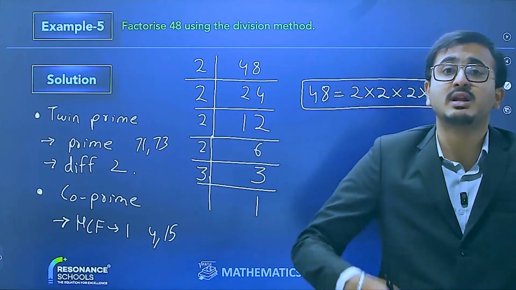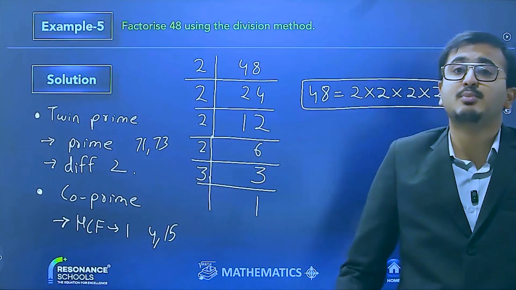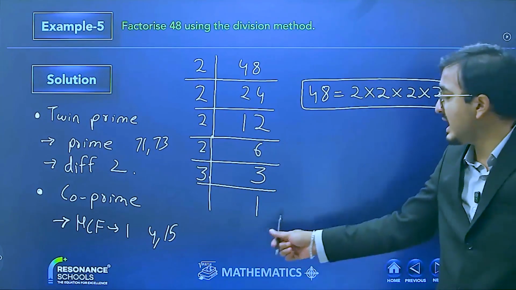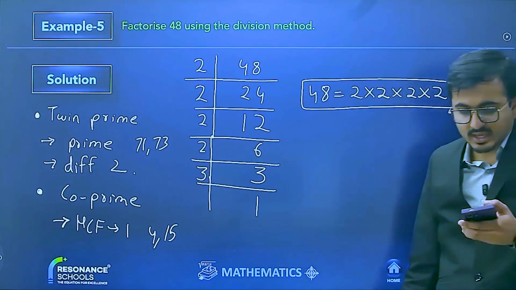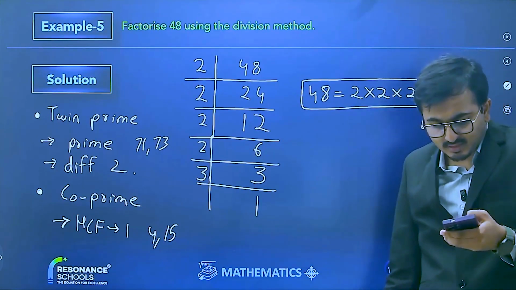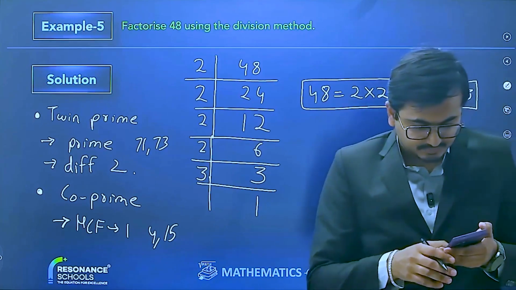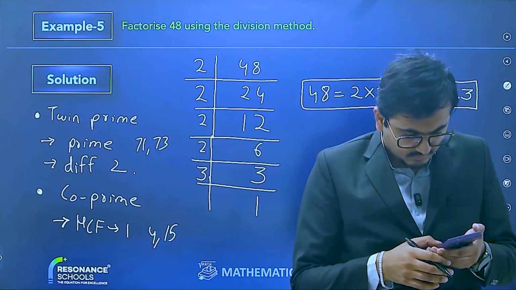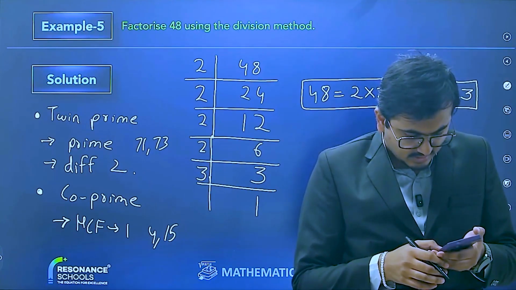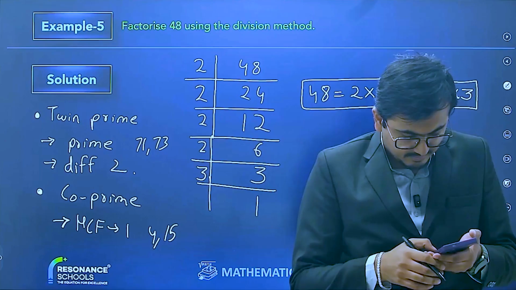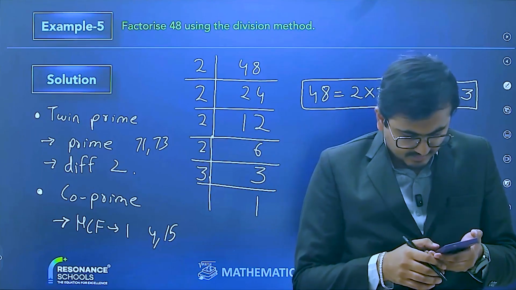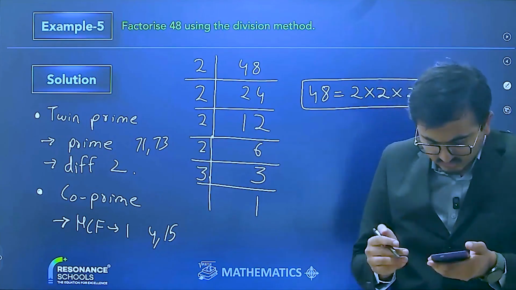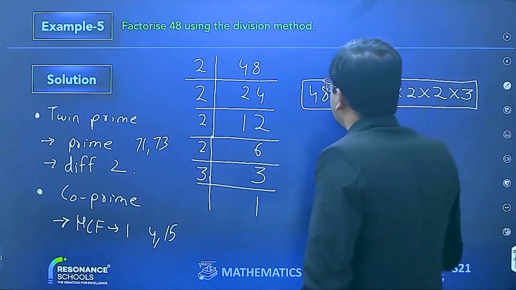We have to keep on dividing with prime numbers until we get 1. Okay, clear? Done? Yes, perfect. Let's move on.